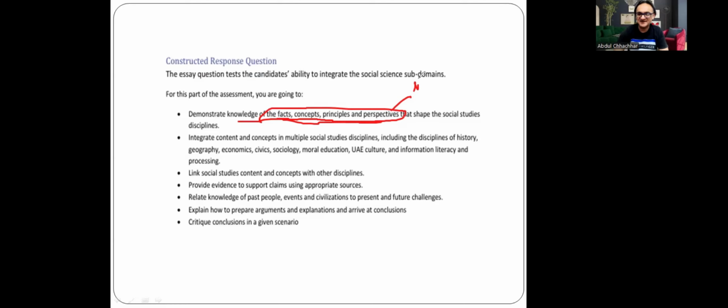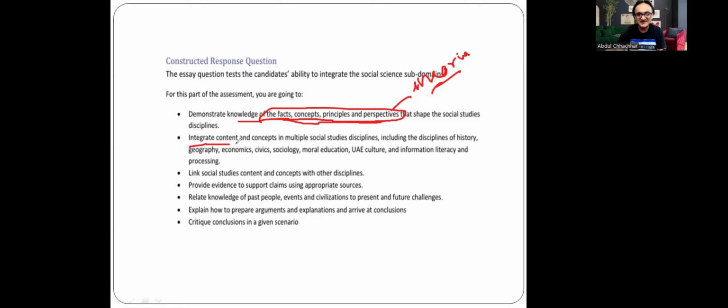These perspectives are actually theories, like the theories given in history. The Big Bang theory is a subdomain as well as geography. So many theories we have regarding the planets, solar systems, and distances, and we have to integrate these.